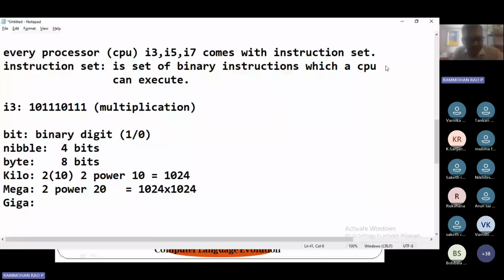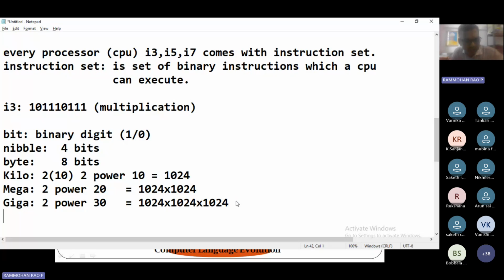Giga is 2 power 30, which is 1024 into 1024 into 1024. 1024 is 2 power 10, so 2 power 20 means 2 power 10 into 2 power 10, which is why it is 1024 into 1024. Giga means 2 power 10 into 2 power 10 into 2 power 10.